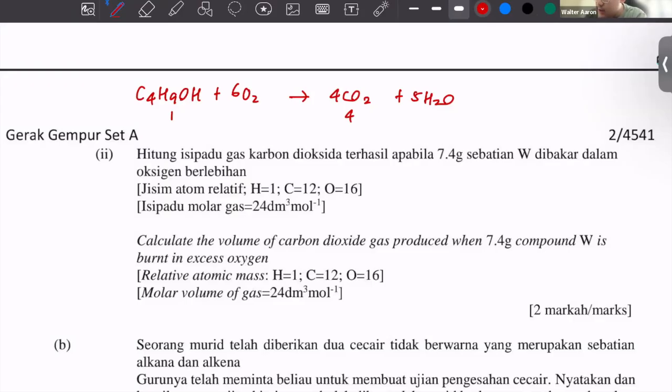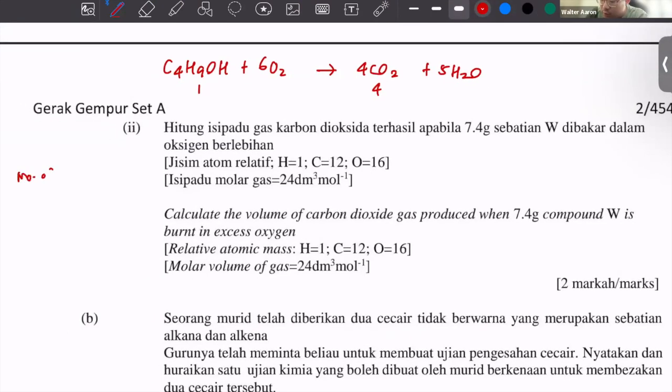So let's just say right now, we want to find out the actual number of moles of butanol. So number of moles will be, you got 7.4 grams that's indicated over here, but you have to find out what is the Mr of butanol first. So the Mr of butanol is, let's see, 4 times 12 will be 48.